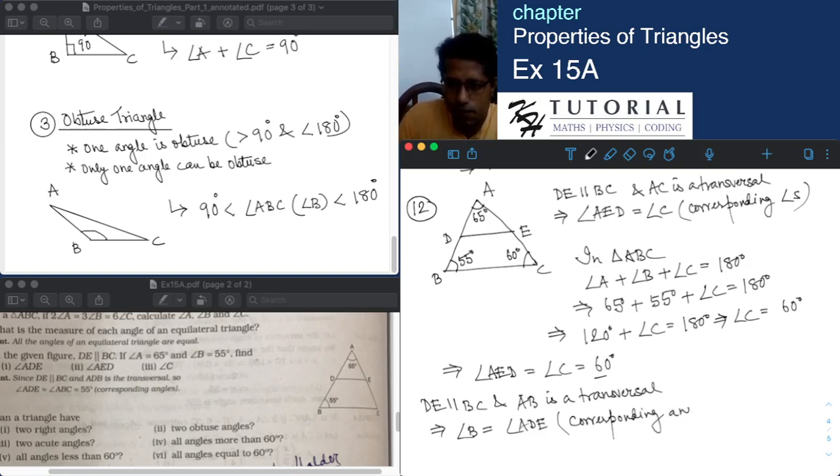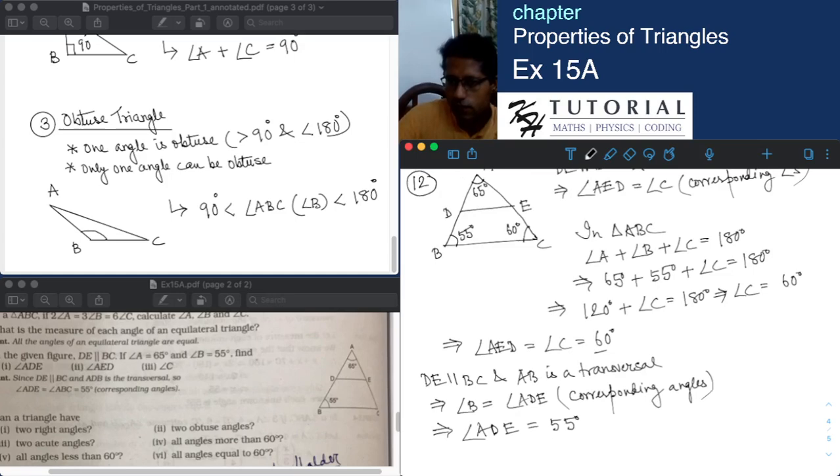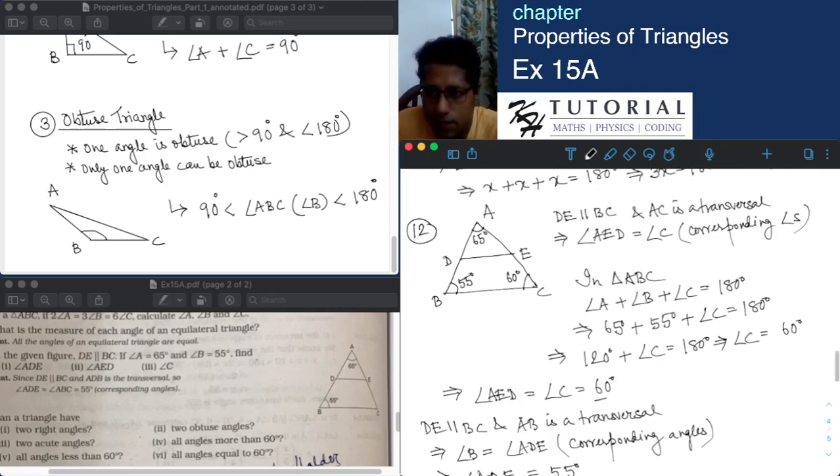We know that corresponding angles are equal when the two lines being intersected by a transversal are parallel. So angle ADE is equal to 55 degrees. So we have angle ADE is 55 degrees, angle AED is 60 degrees, and angle C is 60 degrees.